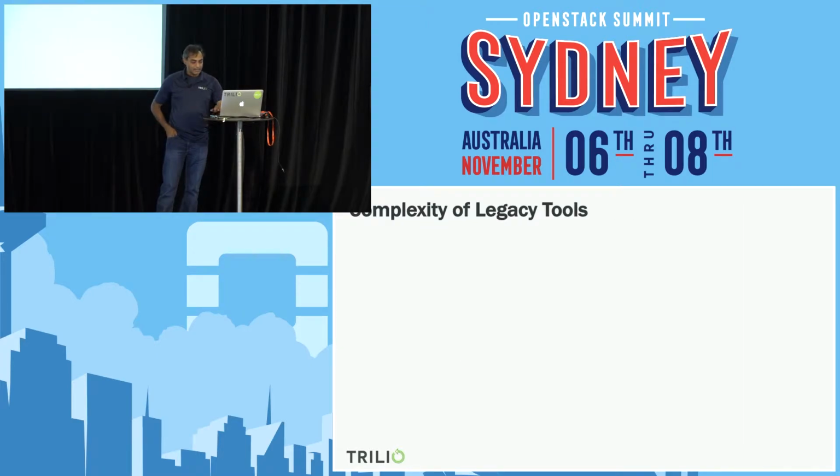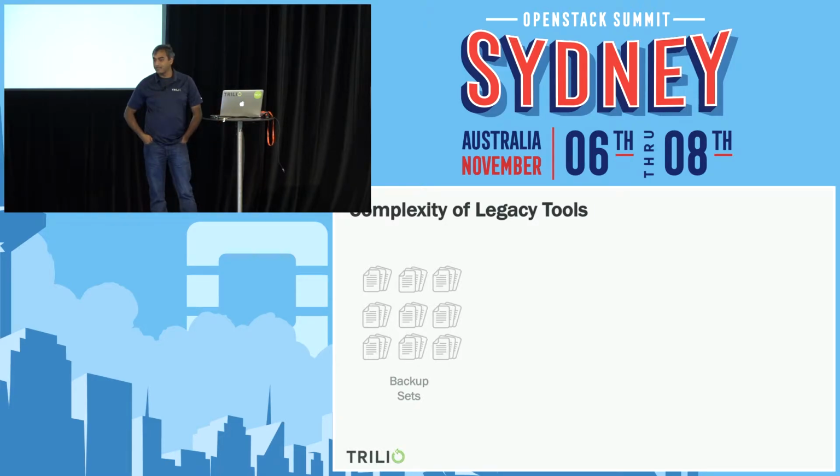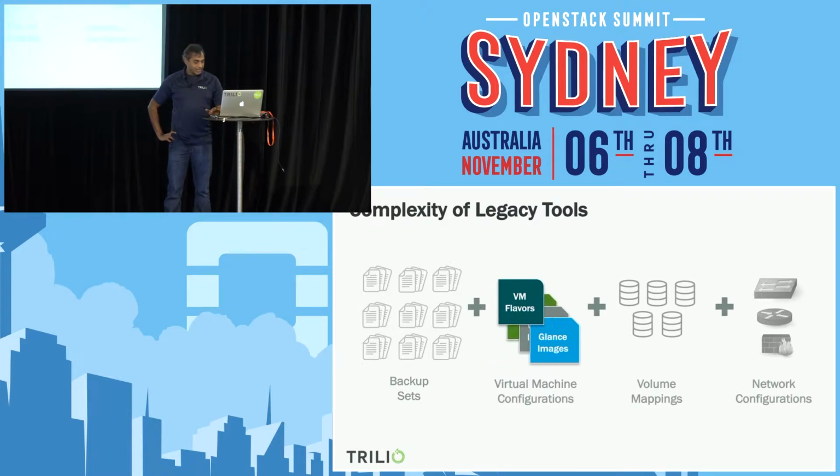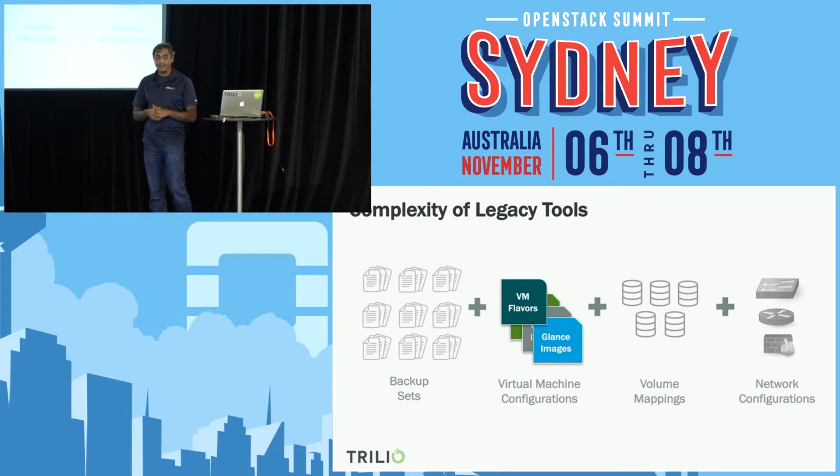When you look at the traditional legacy tools, they only do the data backup, whether the Cinder volumes or a bunch of files by running some agents in the VMs. But when you look at the scope of data protection, you are only limited to the data that is deployed as part of your application. The big picture that they miss is the VM flavors. When you deploy the application, not only the data, but you also need to look at the metadata associated with the VM.